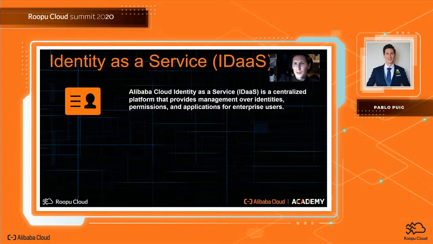You can use this service to integrate and manage identities in your office administration system, business system, and third-party software as a service systems. In this way, you can access all applications and services with one account. And this is really the main usage of IDaaS. Unfortunately, at the moment, it is only available in China and not in the rest of the regions, but it will come.